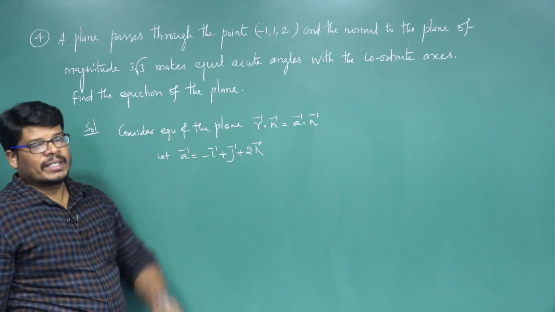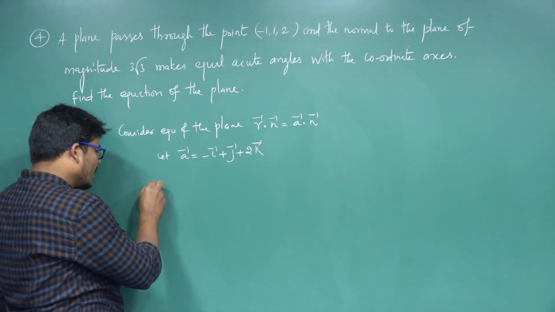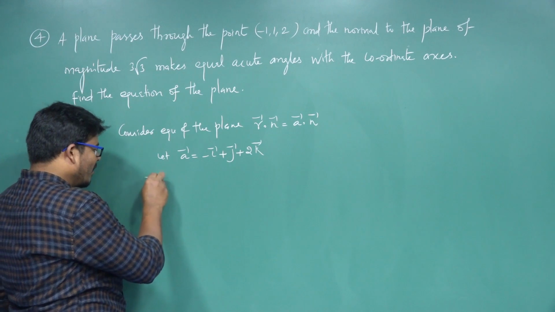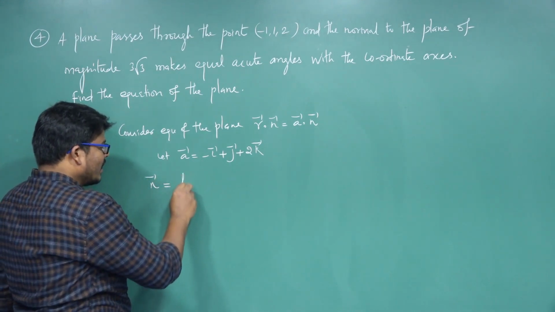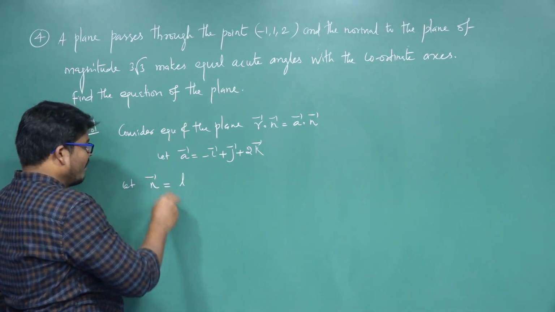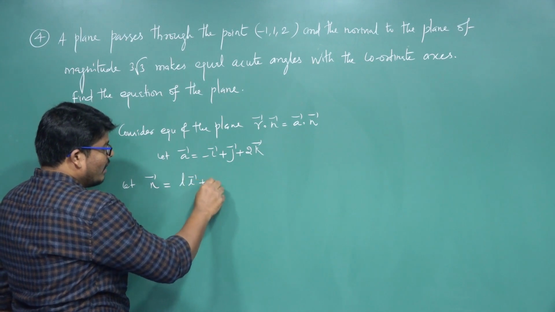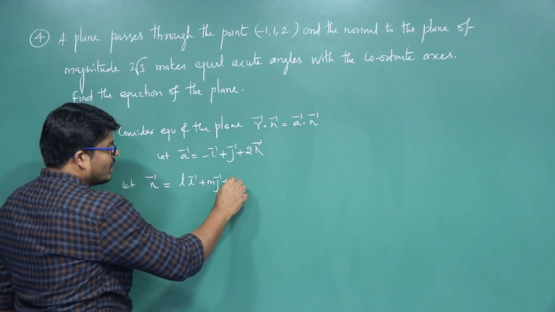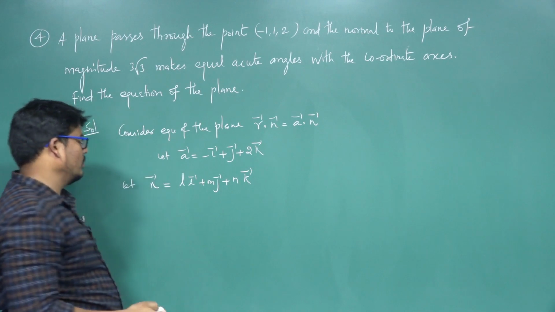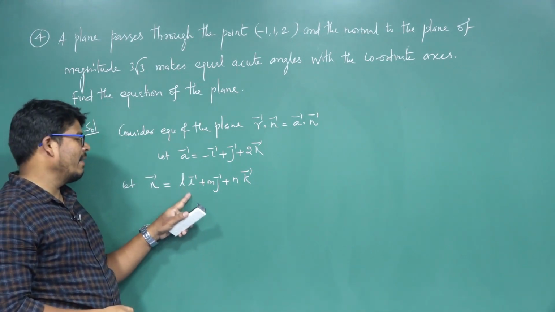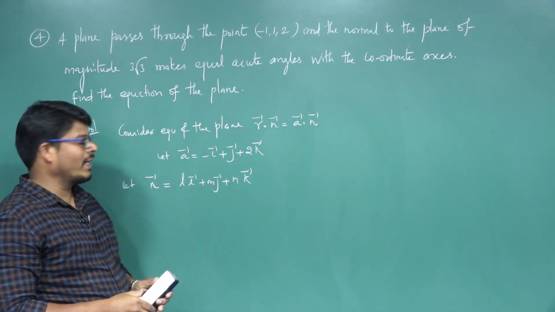Now find the normal vector. Let the normal vector n be l i vector plus m j vector plus n k vector.